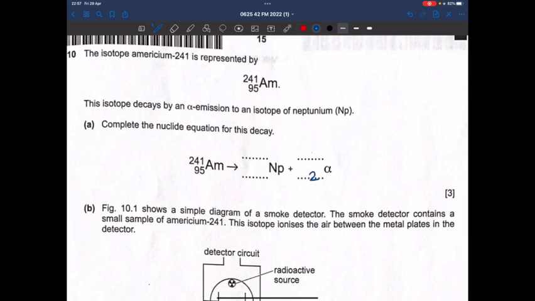Alpha is helium nucleus without electrons, so it is 2, 4. Neptunium here: because of that 2 with alpha, 95 changes to 93, and 241, when I remove 4, becomes 237. This is what we have here.